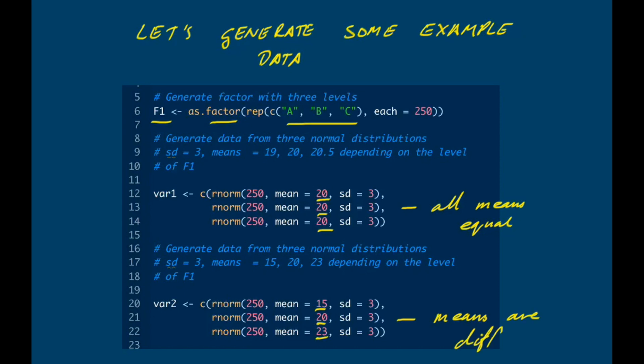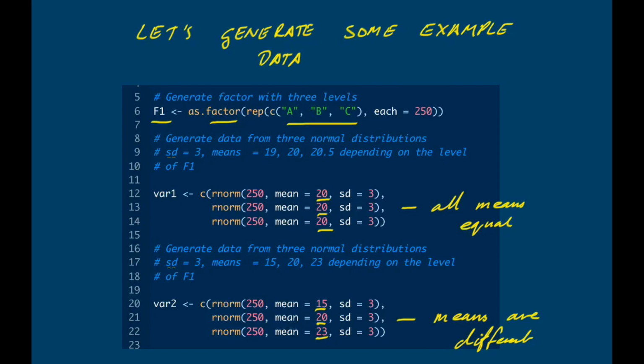Variable 2, on the other hand, is drawn from three different distributions. So factor level A in variable 2 is drawn from a distribution with a mean of 15, factor level B is drawn from one with a mean of 20, and factor level C is drawn from one with a mean of 23. So the means of each group within variable 2 should be different and should be close to those values for the distributions that we've drawn them from.